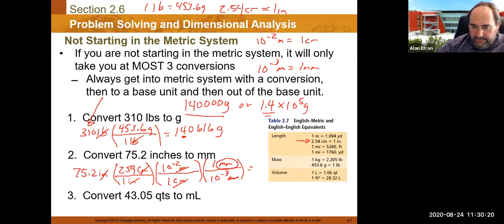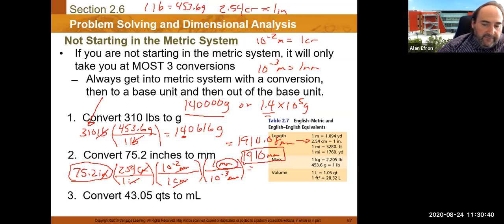And we will end up with 1910.08 millimeters. Again, in terms of sig figs, we're looking at 3 here. So that would take us to 1910 millimeters. Or again, you can do scientific notation if you want to in that particular case.